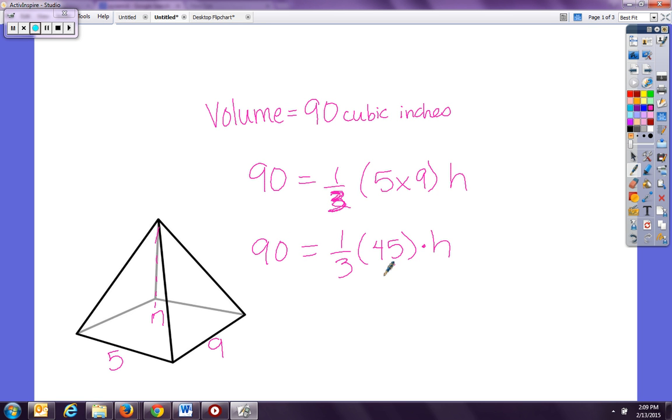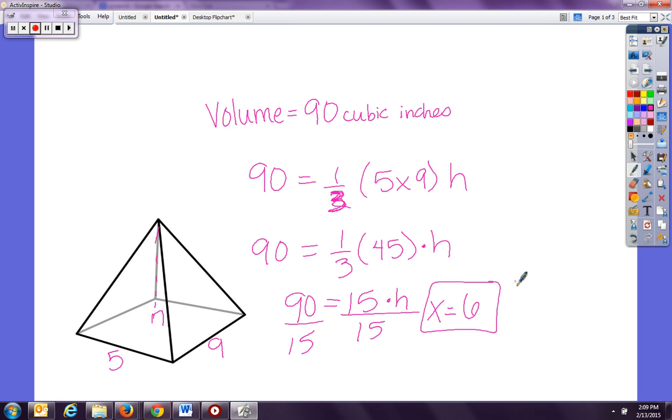Then I would multiply 1/3 times 45, which would give me 15, times h equals 90. Divide both sides by 15, h would equal 6. So h equals height of pyramid. So now you know what it's talking about doing on page 714 and 715.